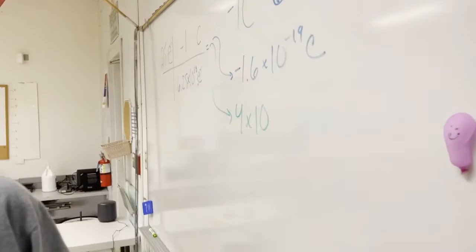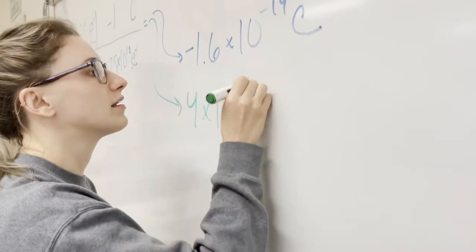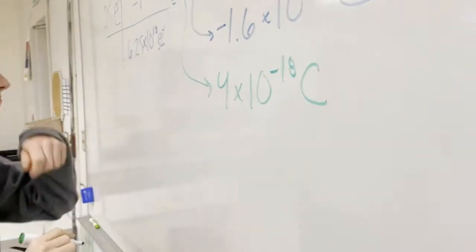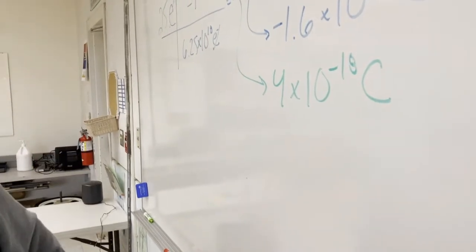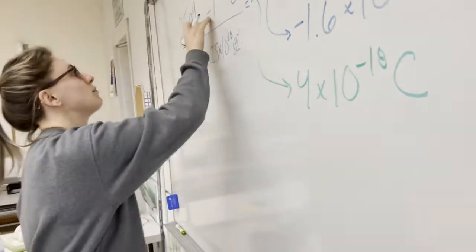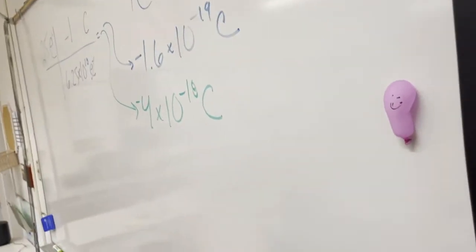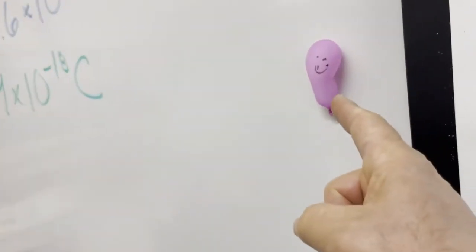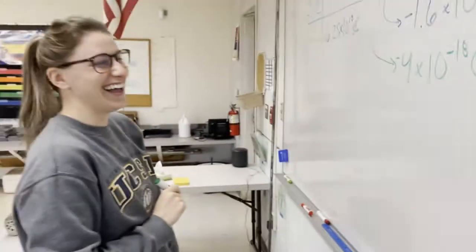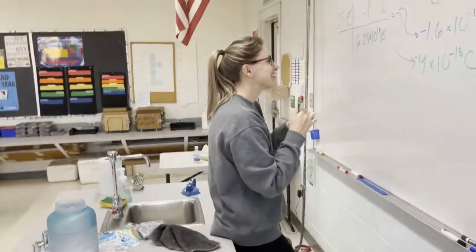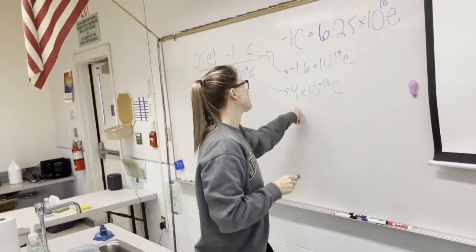Oh, wait, should that be negative? No, -18th coulombs right there. And it should be -4, because it's negative charge. Oh, I forgot to put my negative in there. Yeah, -4. So 25 times the -1. And so that's how much charge is now on our little twisted balloon.